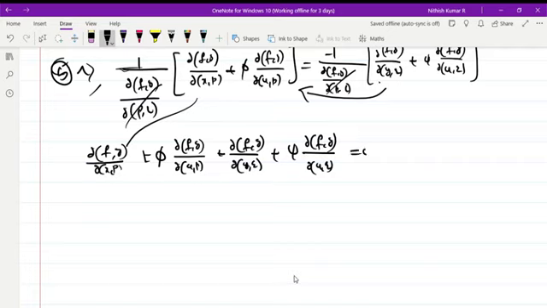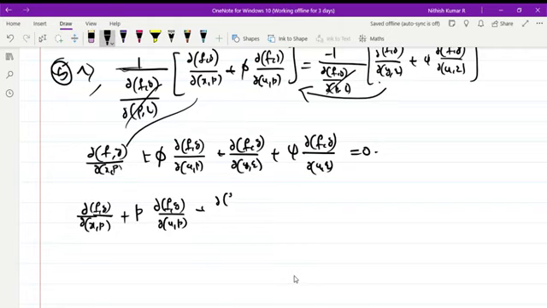Now cancelling the common terms and rearranging, we get ∂(f,g)/∂(x,p), that is this term, plus φ into ∂(f,g)/∂(u,p).